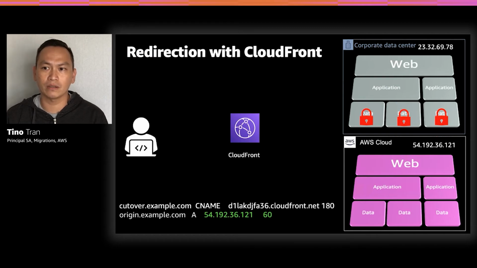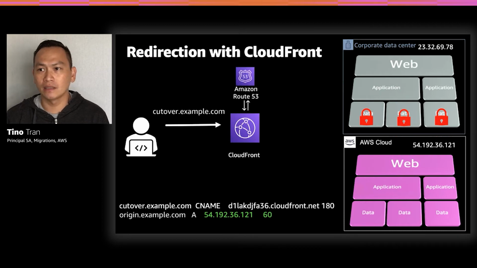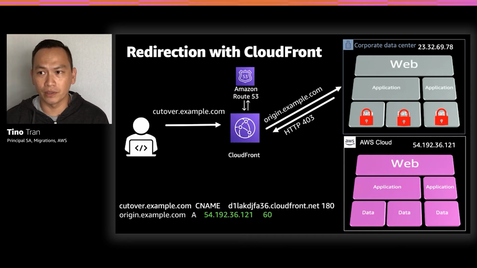So it'll be a CNAME record, and then that backend domain, the origin.example.com, would actually point to our new target environment, right? When a request comes through, let's say CloudFront does a DNS query to its DNS resolver Route 53, and it's still getting the cached answer, right? So it's going back to the original corporate endpoint. Well, in this case, let's say the application returns a 403 response.